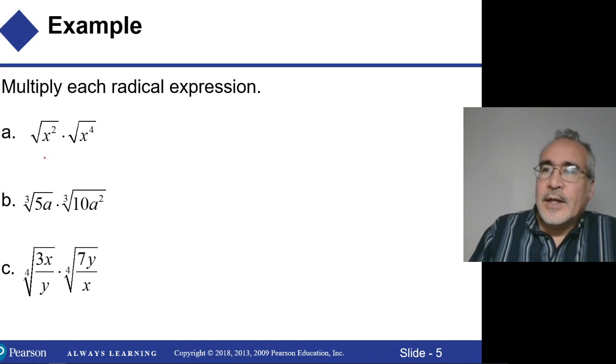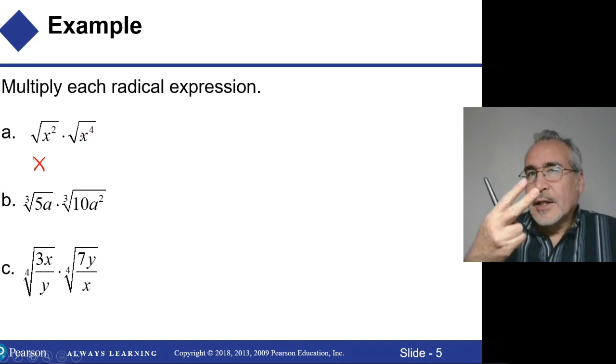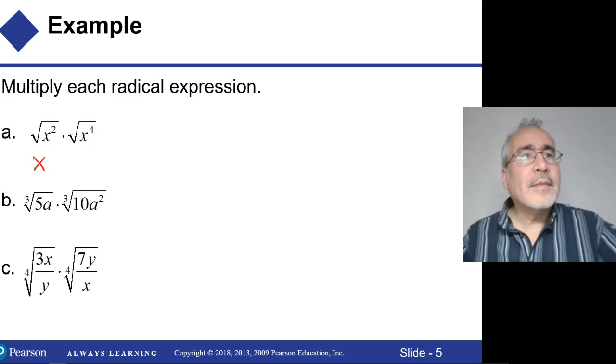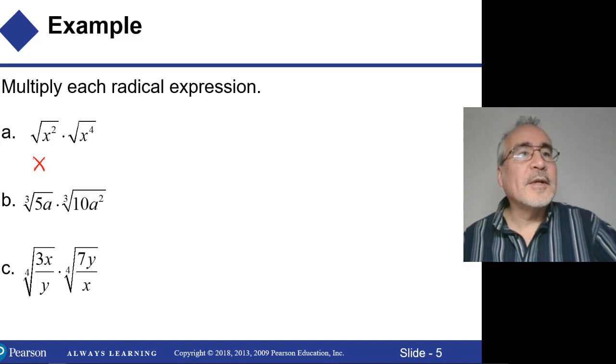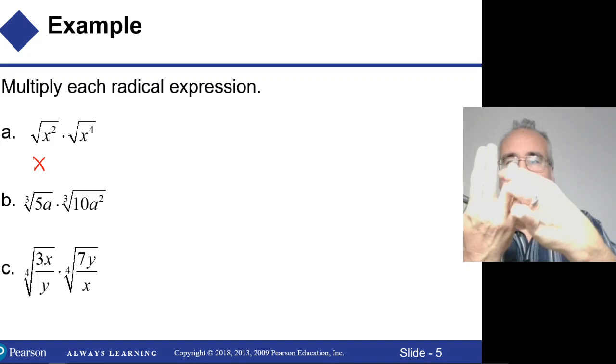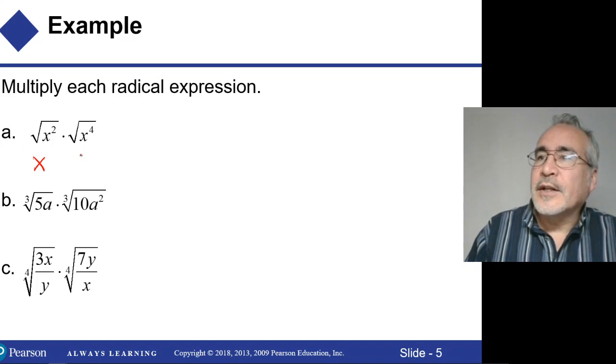So this is x squared. That's going to become just x. There's x to the 4th, so we've got 4. 2 become 1. These 2 become 1. So it looks like x squared comes out.